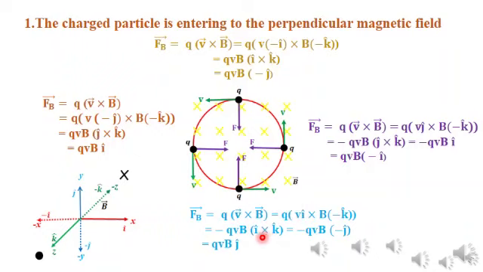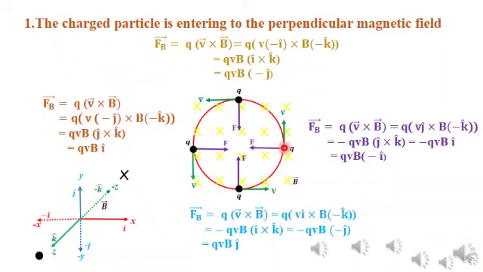But i cross k is minus j, which gives q v B j cap. Since the force unit vector is j cap, it is clear that this force acts along the y-axis, means upwards here. Due to this upward force, the charged particle is deflected upwards and reaches here.